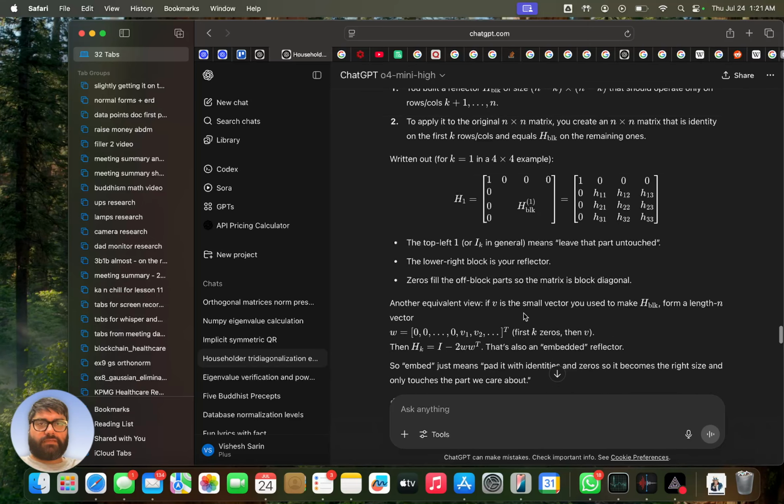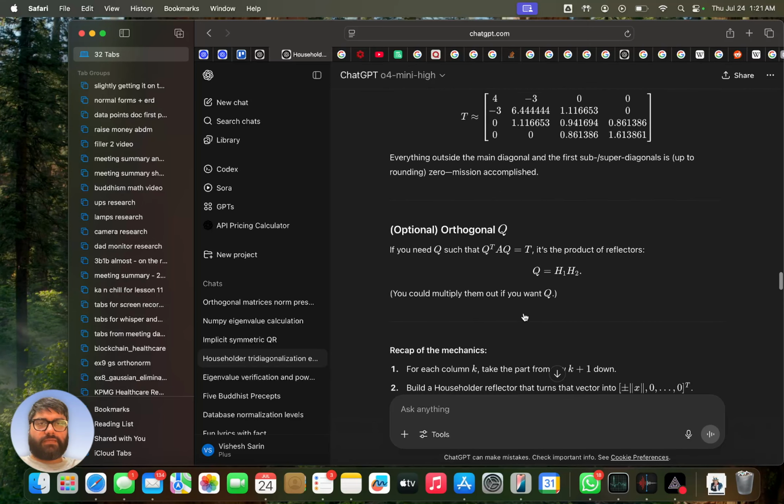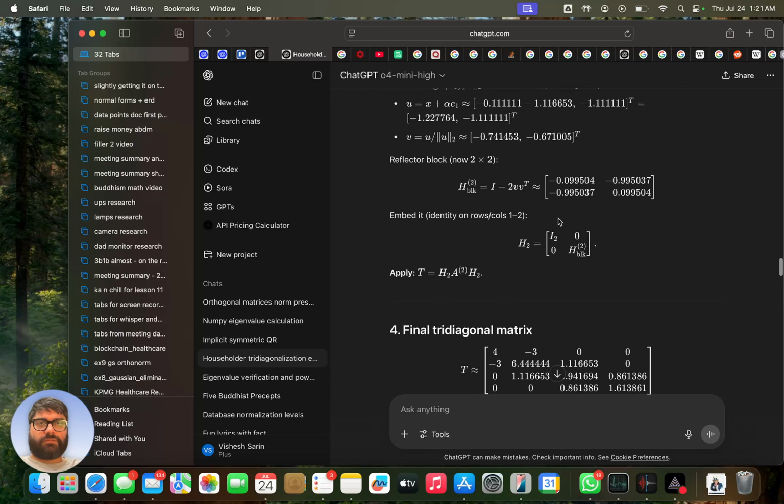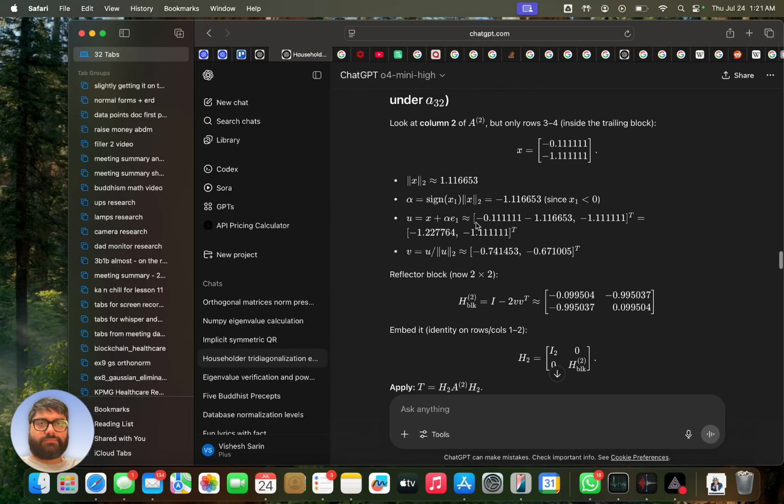So if I go back here, step 2, this is negative 1.11653.